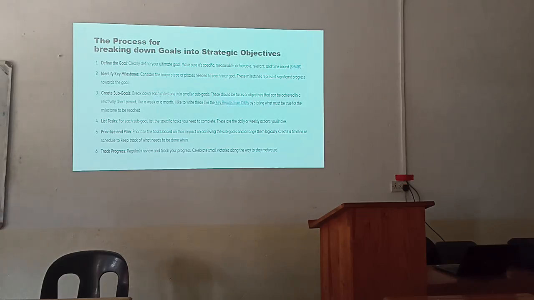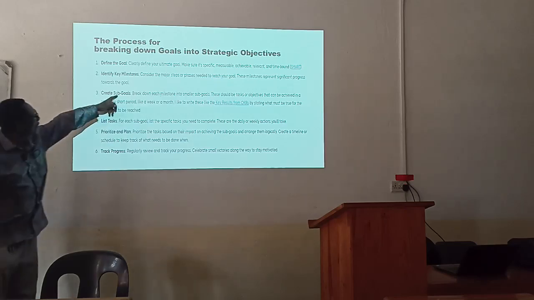So you can have 6 months, 1 year, have milestones which must also be time bound. Consider the major steps or phases needed to reach your goal. These milestones represent significant progress towards the goal. Thirdly, create objectives.